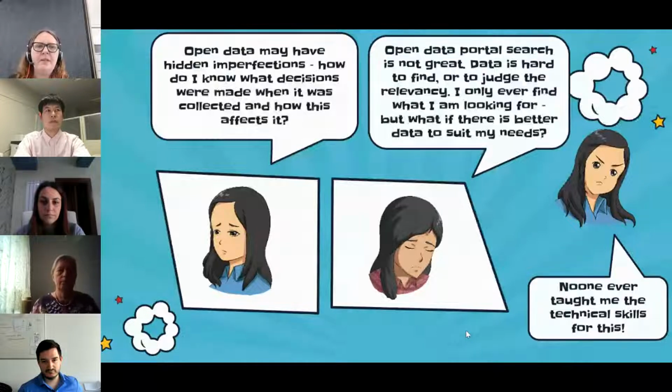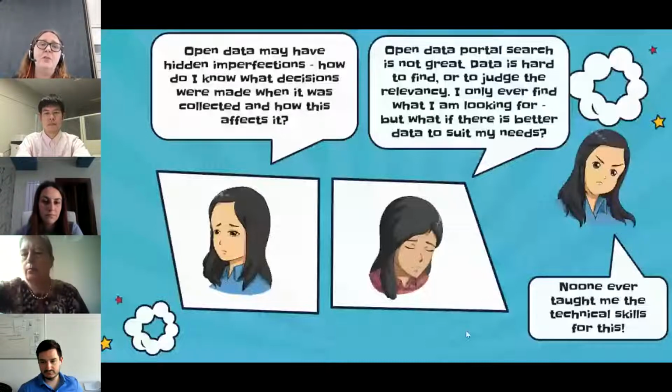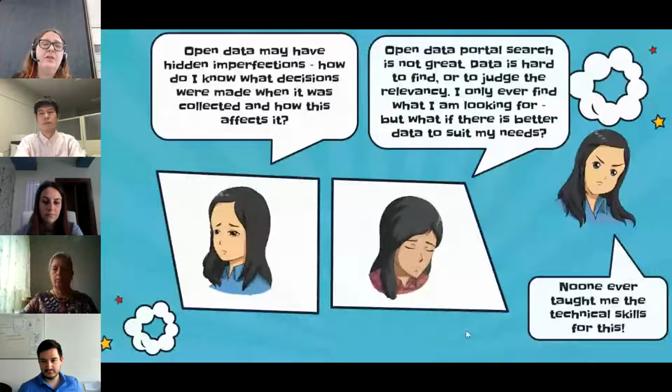But if you come to the data down the line, you may not really know what these problems are or what the limitations were and what decisions were made about what to include, what not to include. And of course, this creates issues if you think the data will tell you one thing and actually there's something that you don't know about it that means that your results will be skewed. And this information is very often not made available alongside the open data, so people can't really judge how good it is.